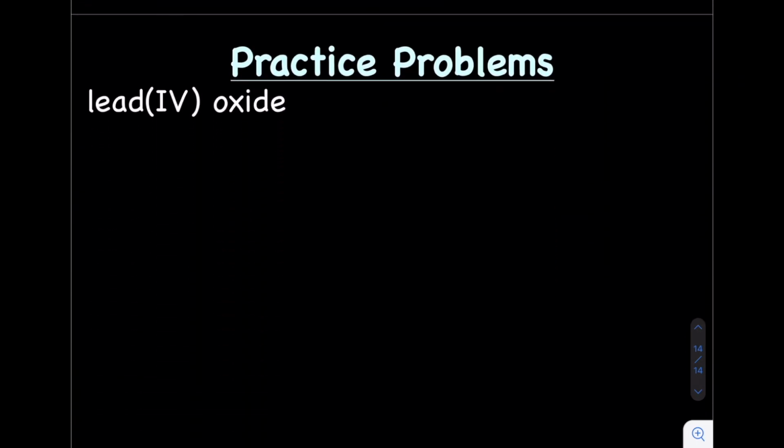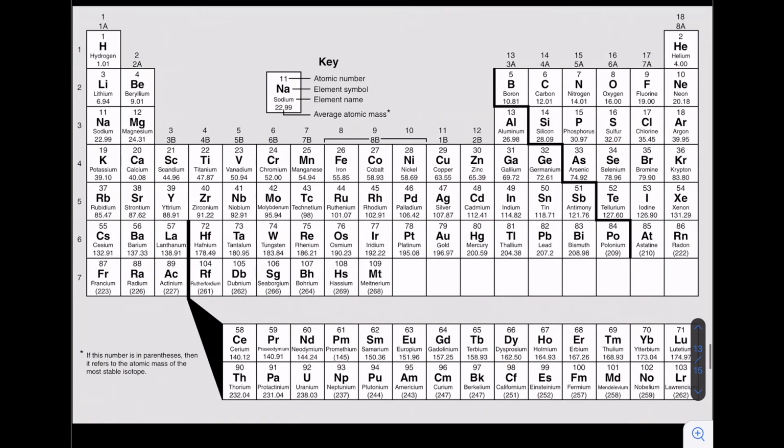One last practice problem. We've got a name here, so we're going to be writing the formula, which means we've got to figure out the charge. So lead, Roman numeral 4. Remember, the Roman numeral is the charge, so we already know the charge on lead. Let's find lead on the periodic table.